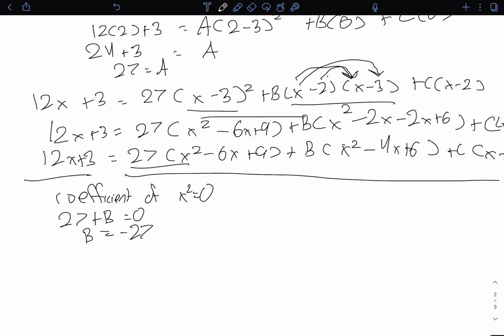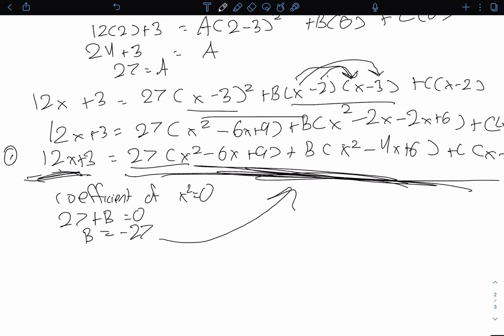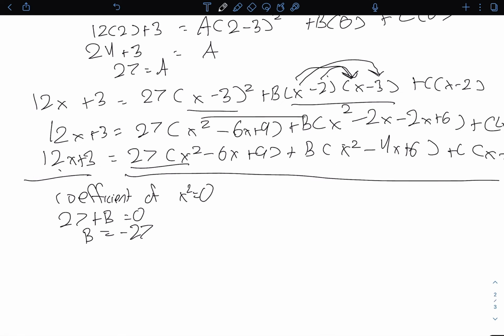Since whatever I write over here is going to be equal to whatever I write over here, if the coefficient of x squared over here is 0, that means the coefficient of x squared over here is also going to be 0. And all the terms that add up to x squared are this term and this term. So I can logically assume that 27 plus b should be equivalent to 0. And that's how I found the value of b as well.